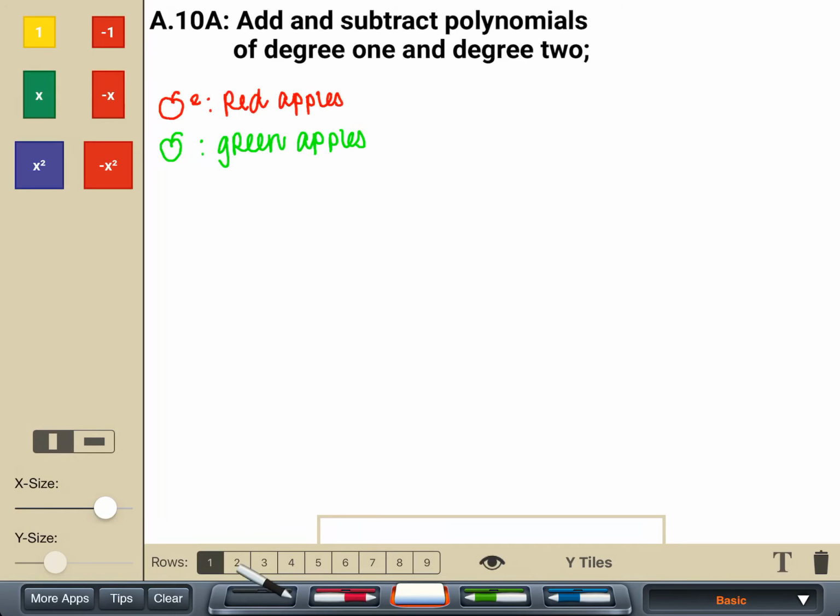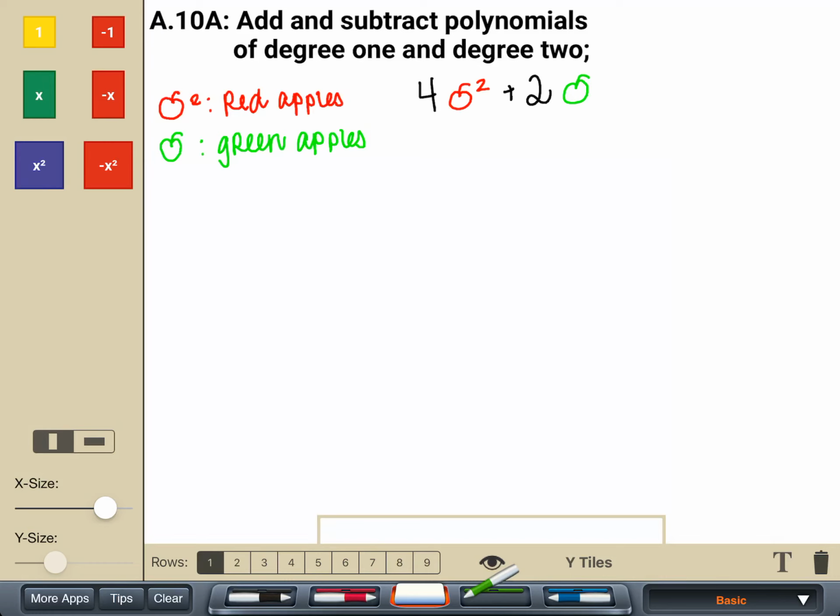So let's just say Bob and Joe are at the store and they want to buy red and green apples. Bob wants to buy 4 red apples, and Joe wants to buy 2 green apples. Well, they're both apples, so why are we using 2 different symbols for them?